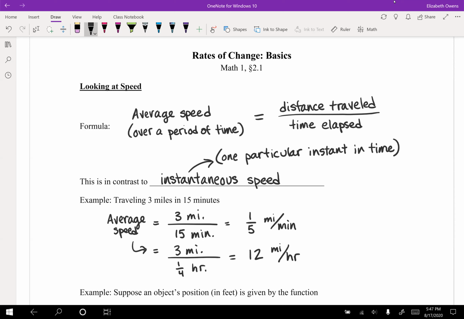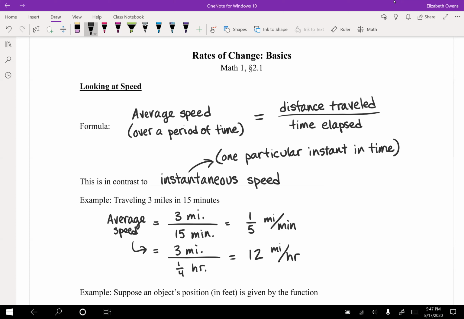But if you think about it, your speed throughout that entire bike ride was probably not always exactly 12 miles per hour. Maybe when you were starting out on your bike ride, you were a little stiff and you went a little slower at the start, and then you really got into the swing of things, and so you sped up. Maybe you had to stop for a traffic light or a stop sign at some point.